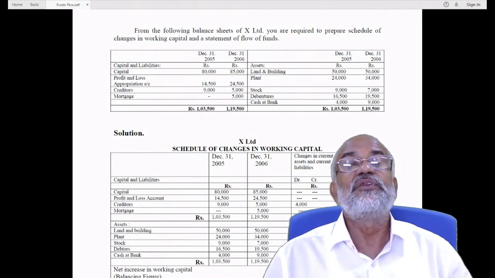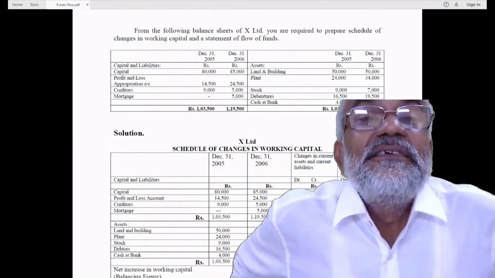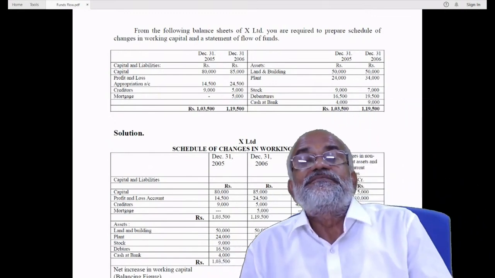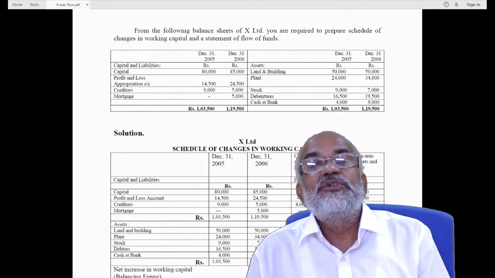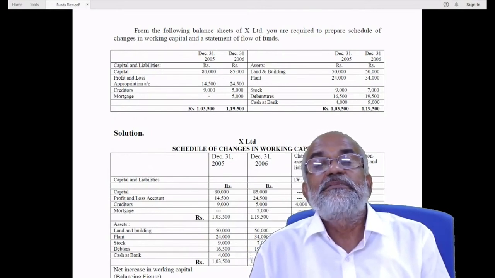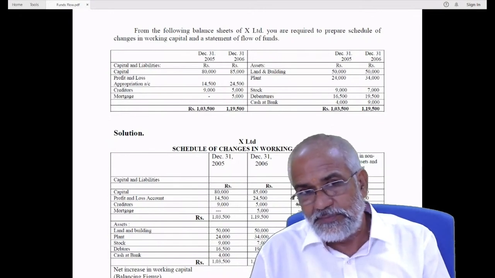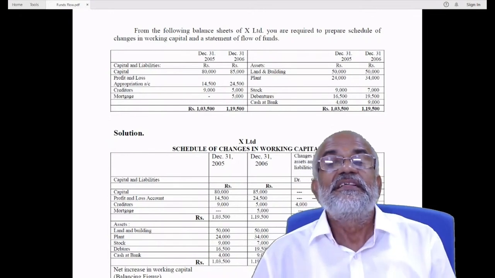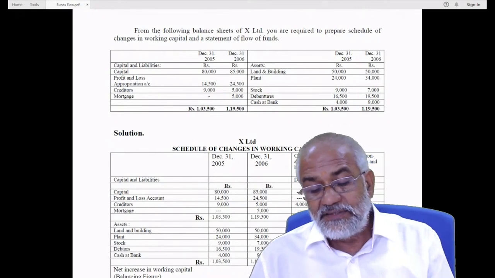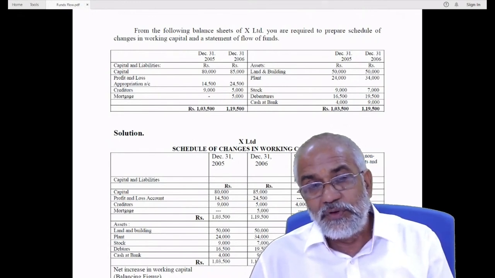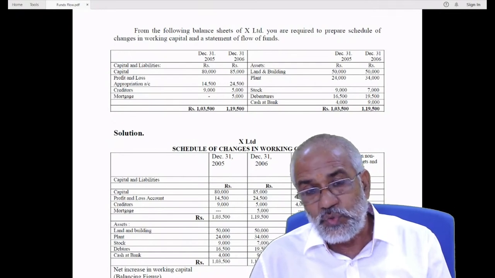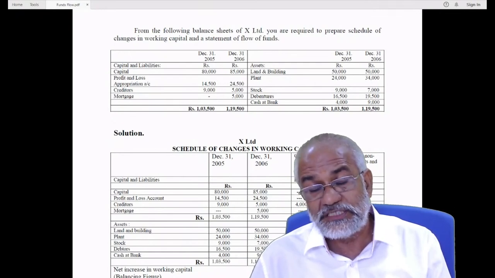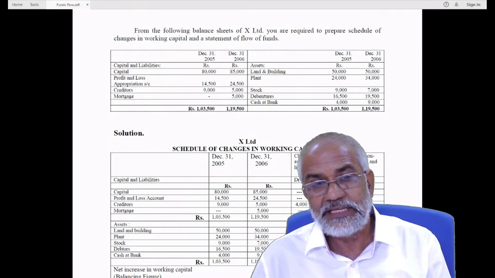If we look at the example given here, the following balance sheet of X Limited, you are required to prepare the schedule of changes in working capital and the statement of flow of funds, or the funds flow statement. The input required is the 2 successive balance sheets without any gap.